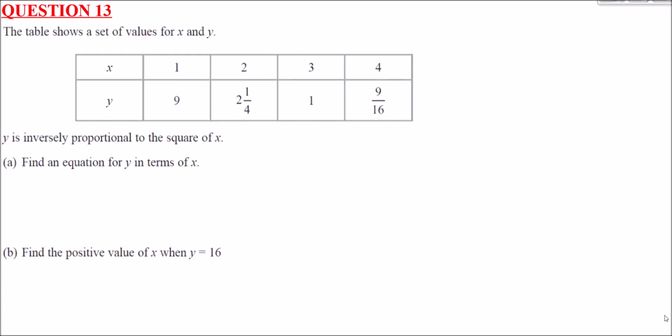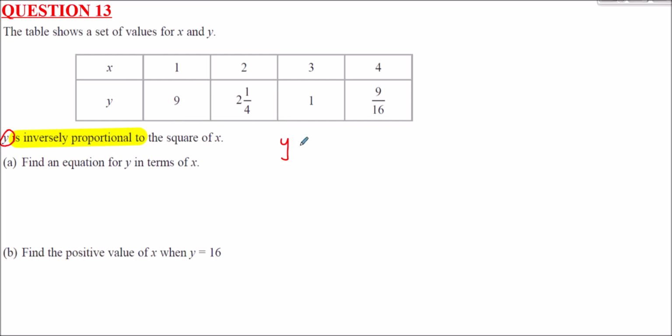Question 13 is about inverse proportion. So the wording of this is key. So it says y is inversely proportional to the square root of x. So starting with y, we're told it is inversely proportional. So we can set y equal to something.